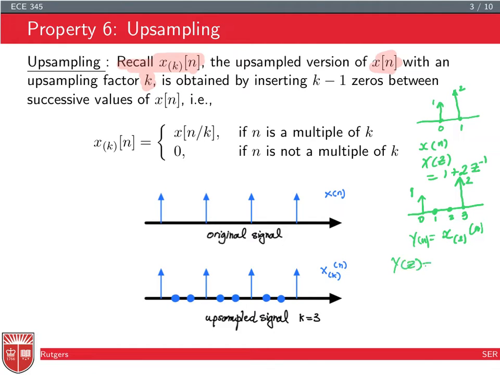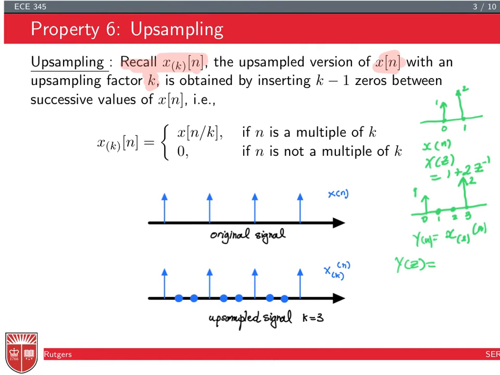Here, y of z, if I just apply the definition, is going to be equal to 1 plus, and now the value of the signal 2 is at n equal to 3, so it's going to be 2z minus 3.